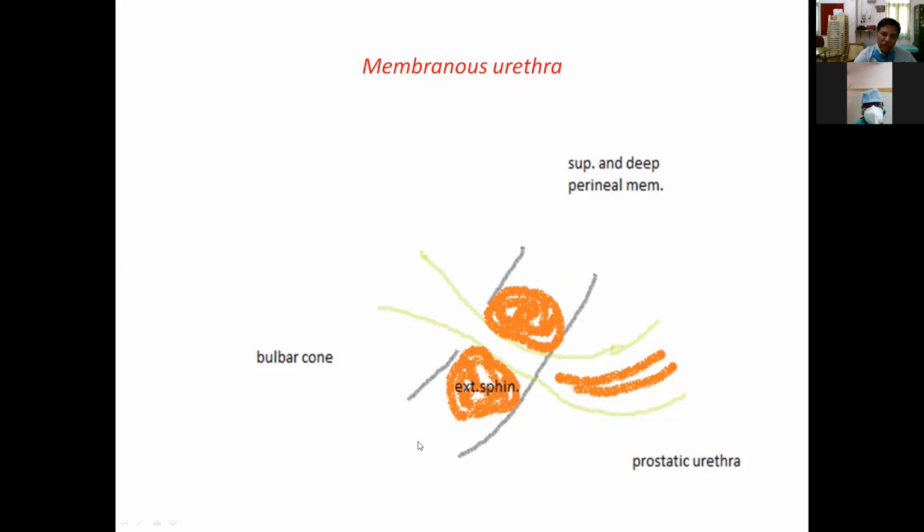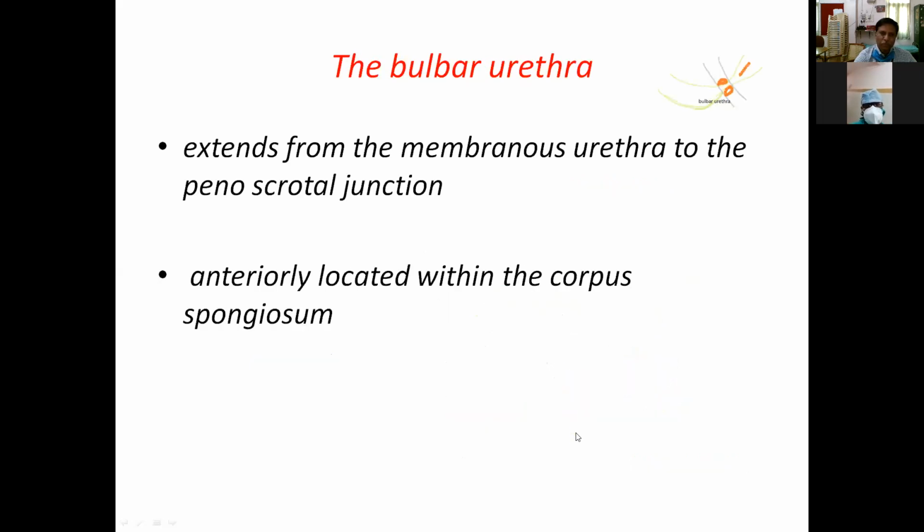Beyond this external sphincter you have the superficial perineal musculature. Proximally you have the prostatic urethra and the verumontanum. Distally you have the bulbar urethra.